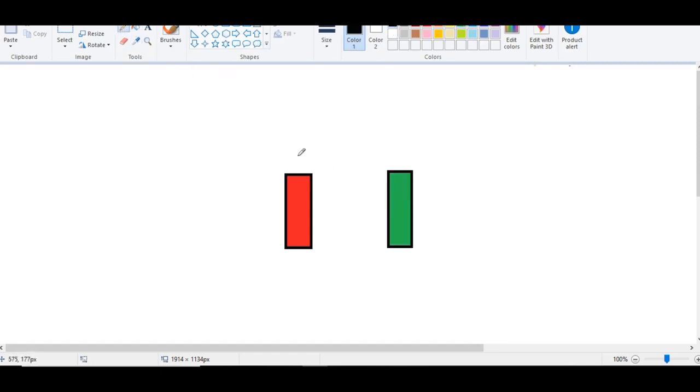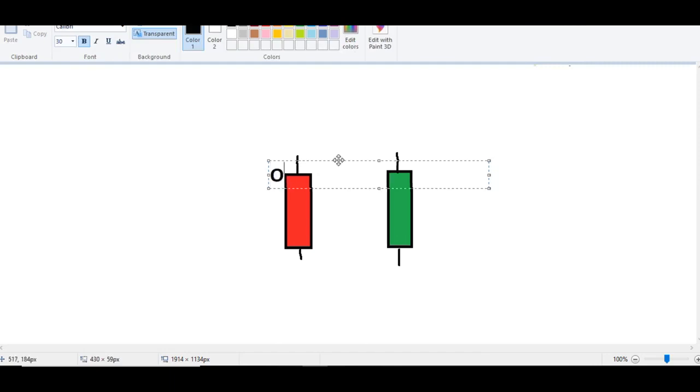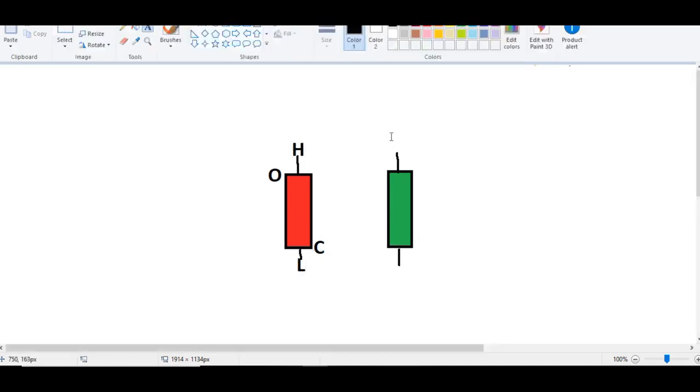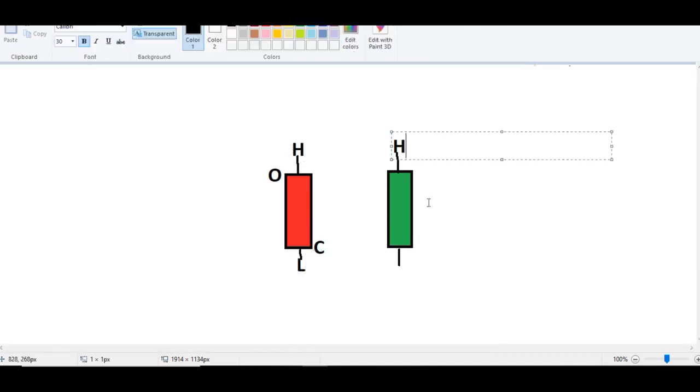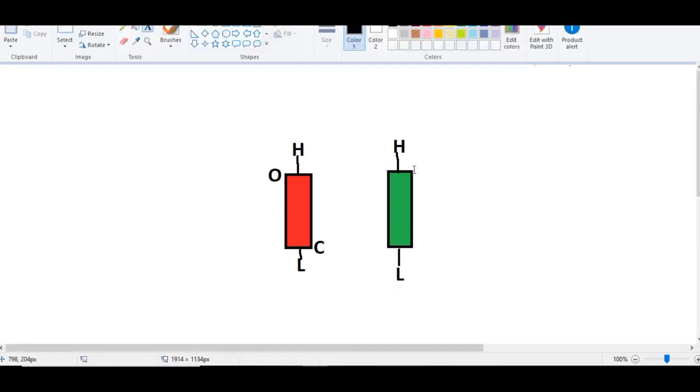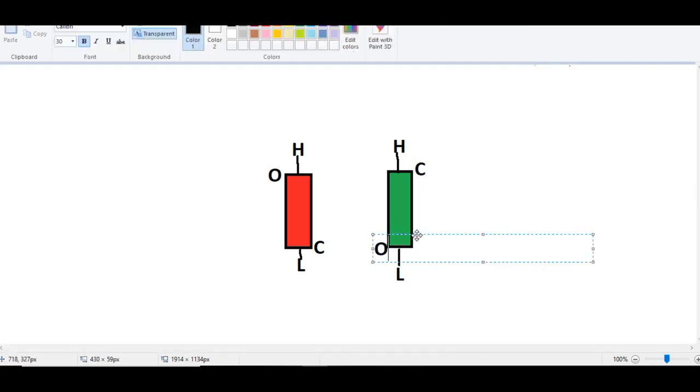If we have a red candle or a green candle, we discussed that this is the opening, this is the closing, this is the high price and that's the low price. And in a green candle, the high and the low are the same. This is the closing and this is the opening price.